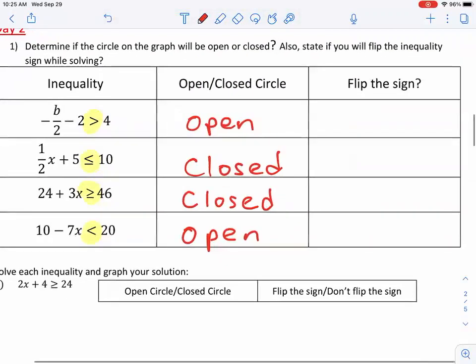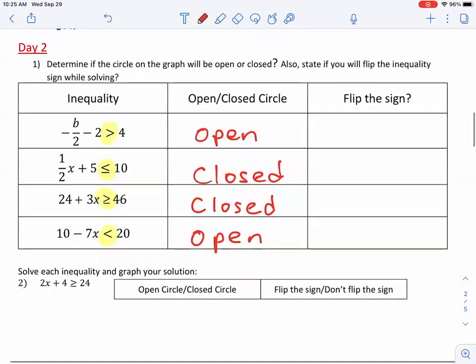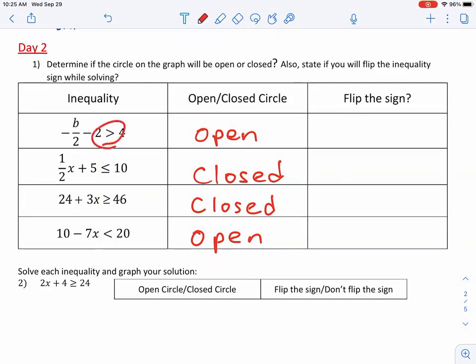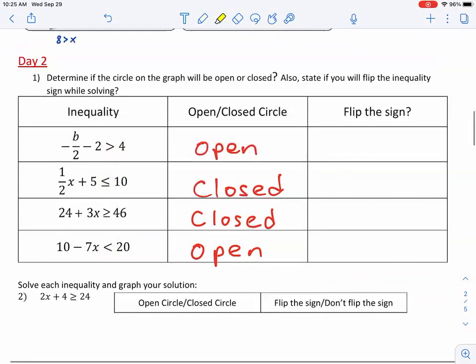Because then the next thing is whether or not I'm going to have to flip the sign when we get through the equation. So for example, this sign is a greater than sign. Sometimes you have to flip it and make it less than. The reason you would have to flip it has to do with the variable and whether or not the variable has a negative in front of it. If it has a negative, you have to flip it at the end.